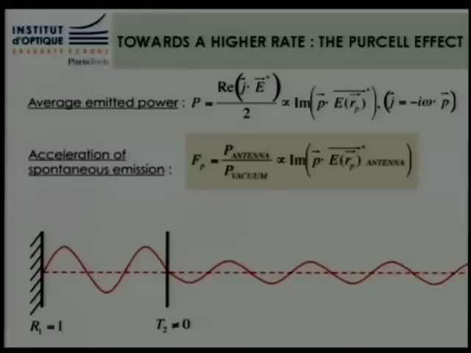And when putting a dipole at a node of this mode, it cannot couple to this mode. And so this equation tells us that we can inhibit the spontaneous emission of this dipole. Then, when putting the dipole at an antinode of the mode, one can increase the spontaneous emission.